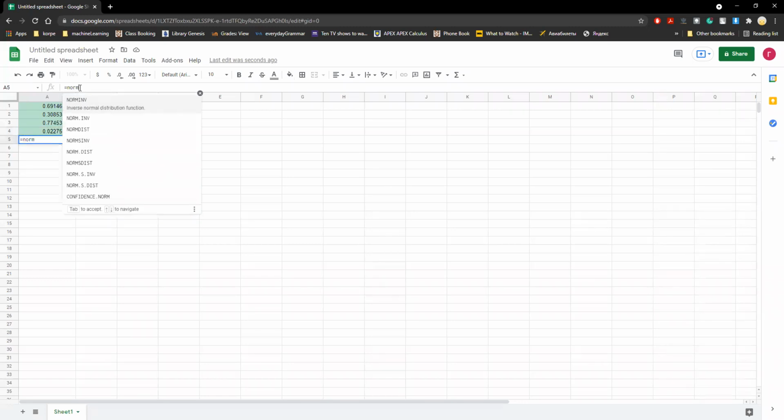So this is NORM.DIST of 2, minus NORM.DIST of 1.5, which gives 0.0441. Okay, so 4.4% have borderline cholesterol.